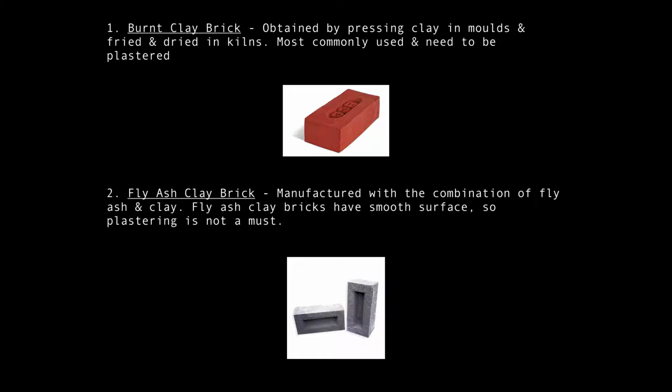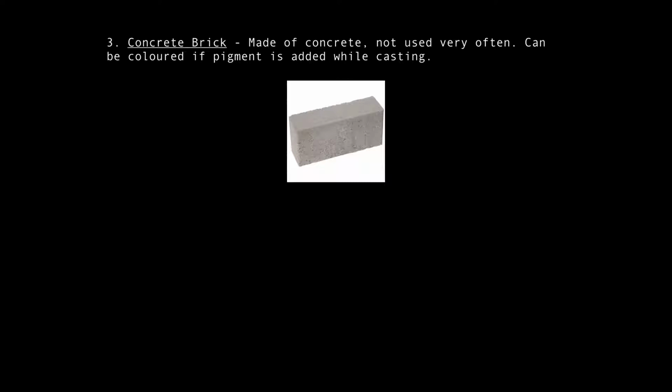So these are more cost effective compared to clay bricks, if fly ash is available in bulk. And the last type is concrete bricks. So these are made up of concrete. These are not used very often, though there are these days a few derivatives of concrete bricks available, which we will cover later.